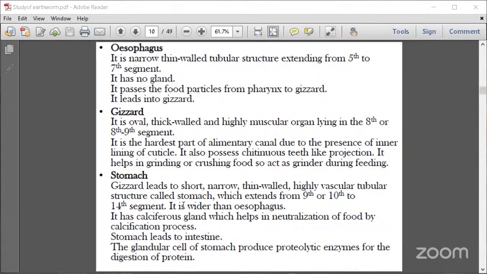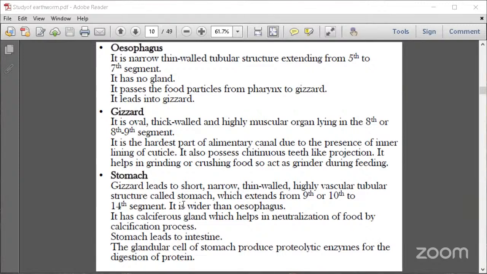Gizzard is an oval shaped, thick walled and highly muscular organ which lies in 8th to 9th segments. It is the hardest part of the alimentary canal. Due to the presence of inner lining of cuticle, it also possesses chitinous teeth-like projections. It helps in grinding or crushing food, so it acts as a grinder during feeding.